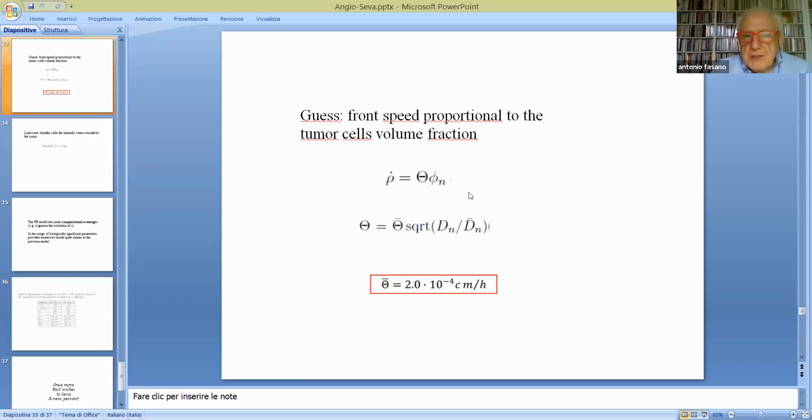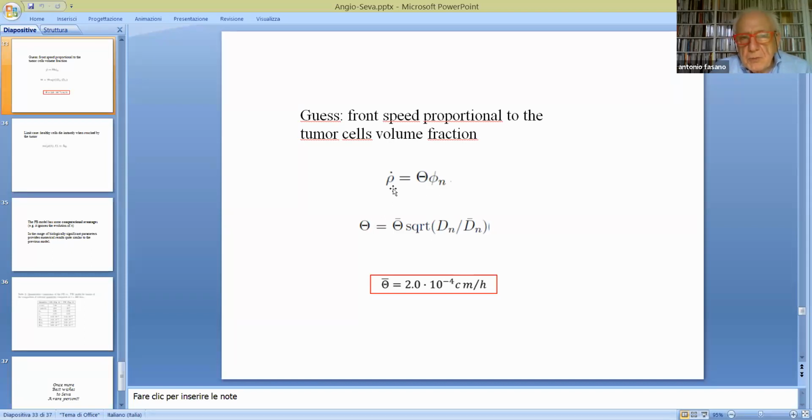And the other condition is empirical. Who is responsible for the advance of the free boundary is the presence of some tumor cells.